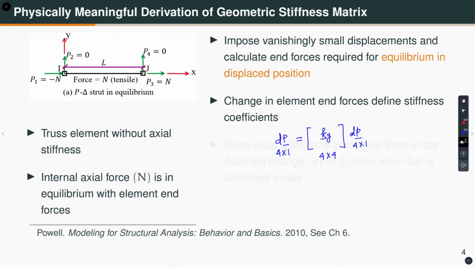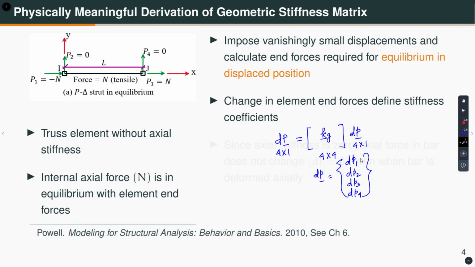Now, to derive the first column of this stiffness matrix, if I write dP is equal to dP1, dP2, dP3 and dP4, these are all lowercase p because we use lowercase to indicate the displacements at the element ends, right.